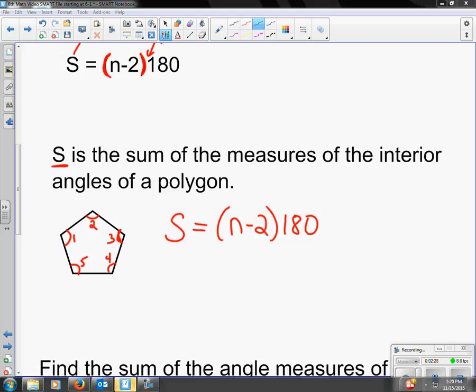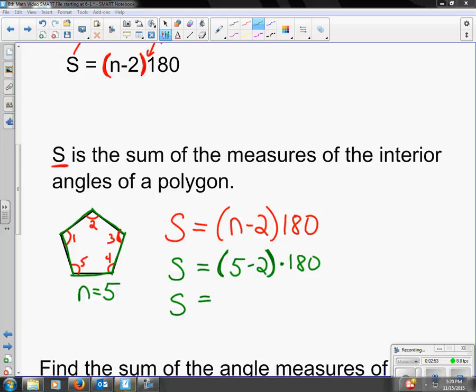So how many sides do I have? 1, 2, 3, 4, 5. I have 5 sides. So n, in this case, is 5 because it's a pentagon. So S is 5 minus 2, times 180. The parentheses just mean you do everything inside first.